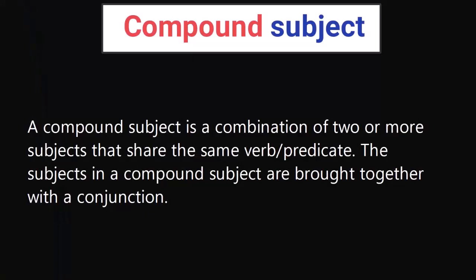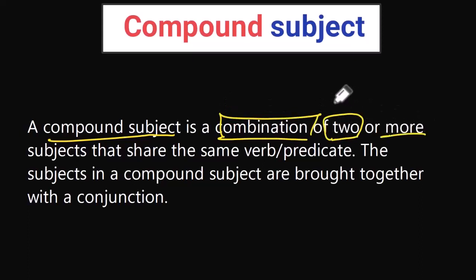Alright, everybody. Now let's understand what exactly a compound subject is. A compound subject, as the name goes, compound is a combination of what? Of two or more, generally two subjects. A compound subject is a combination of two or more subjects that share the same verb or predicate. So it's a combination of two subjects or more, generally two, that perform the same action or that share the same predicate.